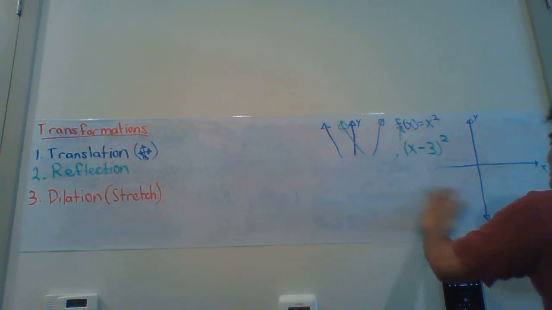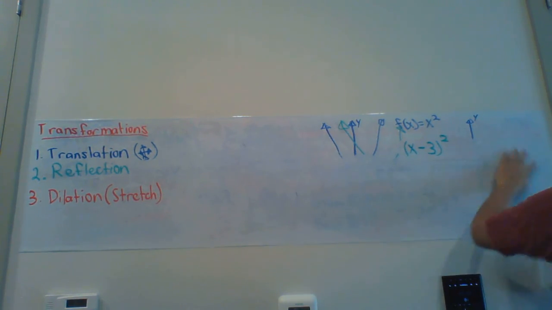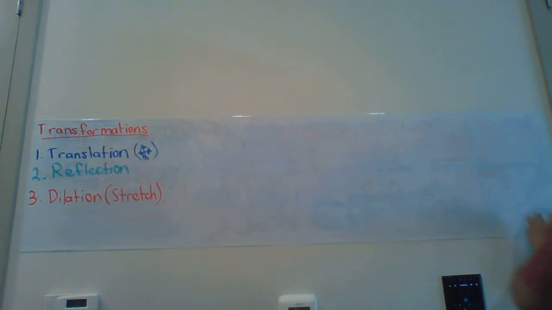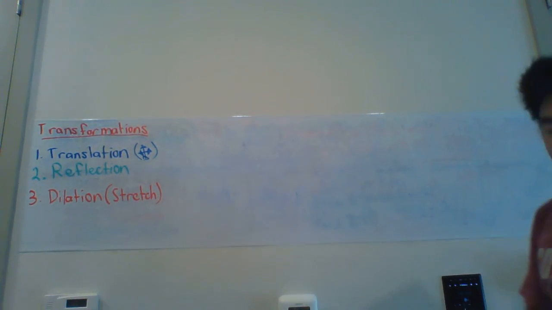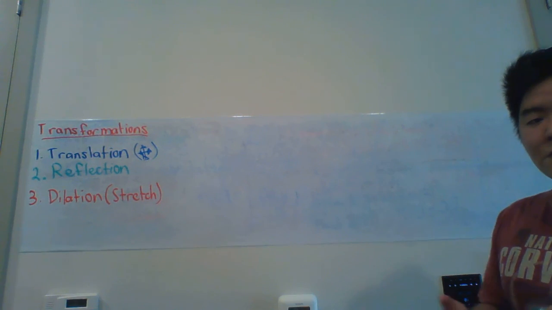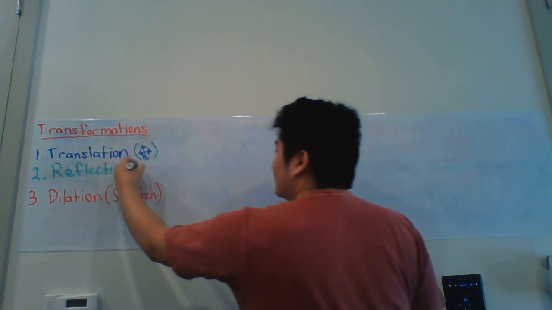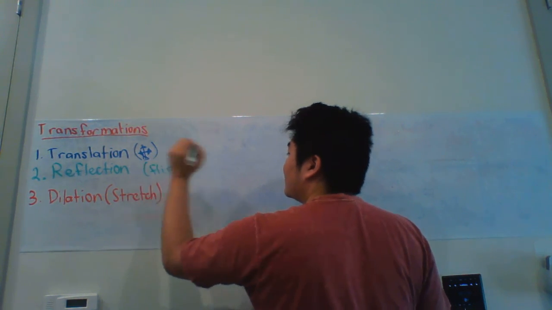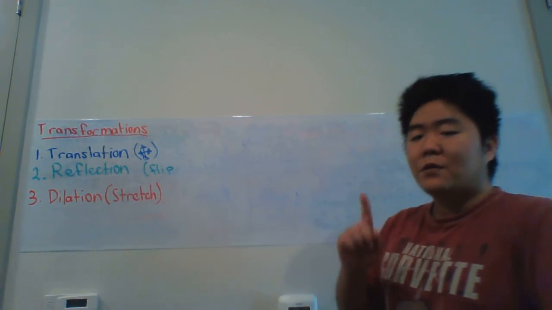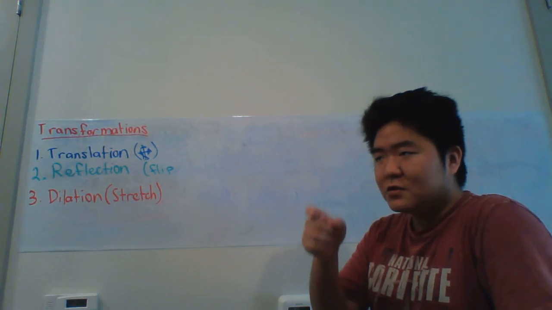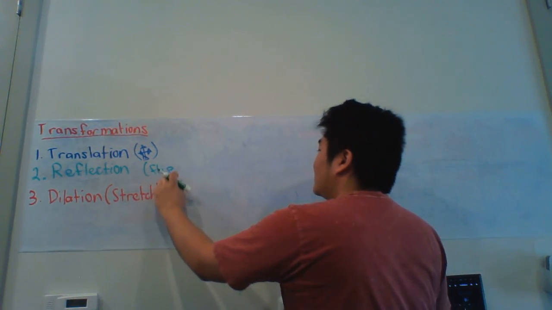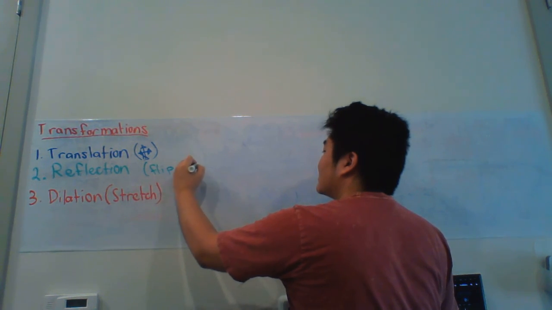Now reflections, they're kind of the easier one in my opinion because it's only either or. So only one of these will happen. There's only one thing to remember, and that's just the flip. Another thing to make sure that you know is that when you flip it, you're flipping it over the x-axis.